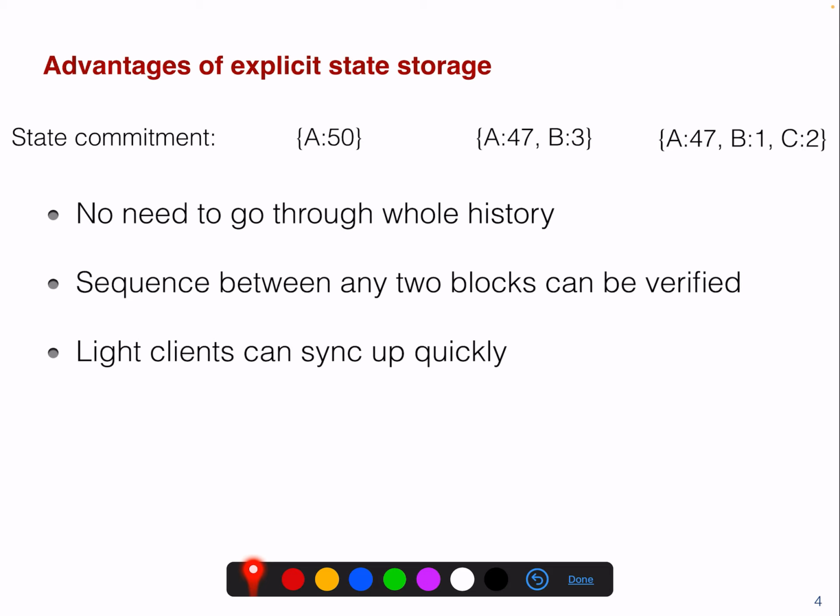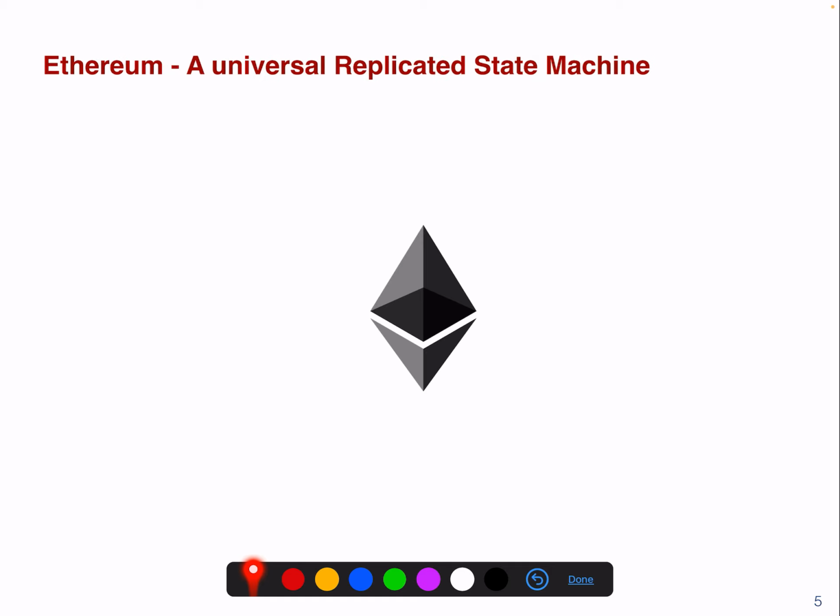So if you see a new transaction that transfers 1 coin from B to another address, you know this might be a valid transaction because there are enough coins in the account of B. And the convenient part here is that you can really verify a sequence between any 2 blocks, right? You don't have to go through the whole history.